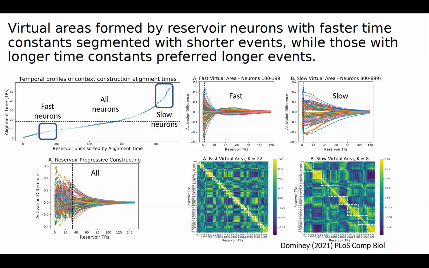That is, the fast neurons have a rapid event structure chopped up in time, like the structure of the input, whereas the slower neurons have this more extended event structure, as if they're representing some kind of semantic continuity in the narrative.